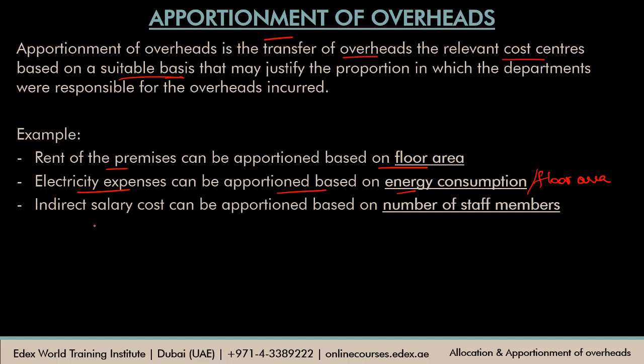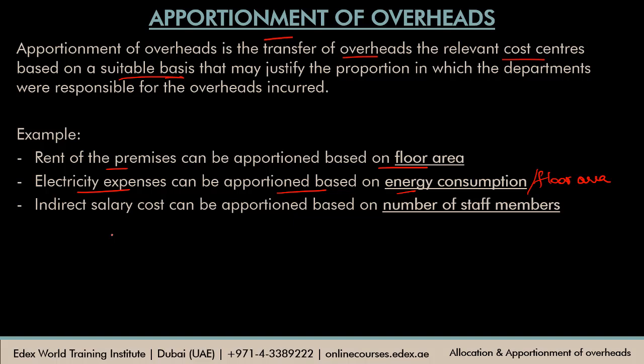The next example is indirect salary cost, wages paid to people who are not directly engaged in the production process. If these people were directly engaged in the production process, you could have treated their salary or wage cost as direct cost and it would become a part of prime cost. But since this is indirect cost, it has to be either allocated over production cost centers or apportioned over cost centers.